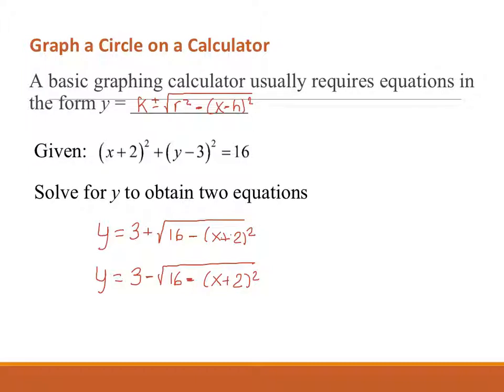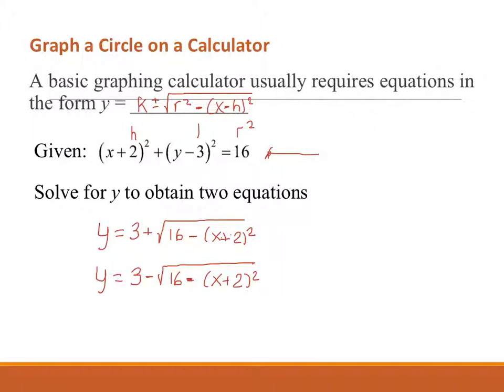When we graph the circle on our calculators, on our TI-83 or 84, a basic graphing calculator usually requires the equation in the form y is equal to k plus or minus the square root of r squared minus (x minus h) squared. So when we are given this equation, we identify our different components. Here's our r squared. Here is our h.